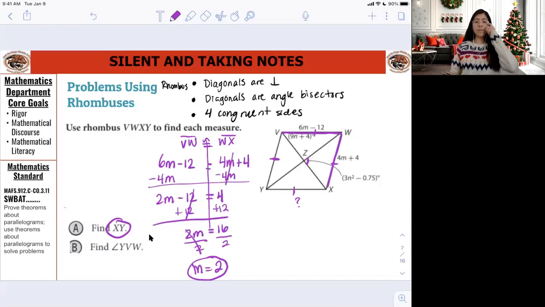How do I get the value of yx? Why does m equal 2? I solved for it. I got 2. Follow the steps. This is basic algebra. Oh, 8. My bad. I'm tired. I'm sorry, y'all. I divided by 2. I got 8. But I'm on the next step. How do I get the value of xy?